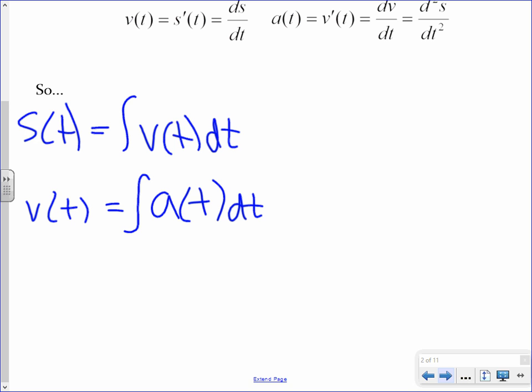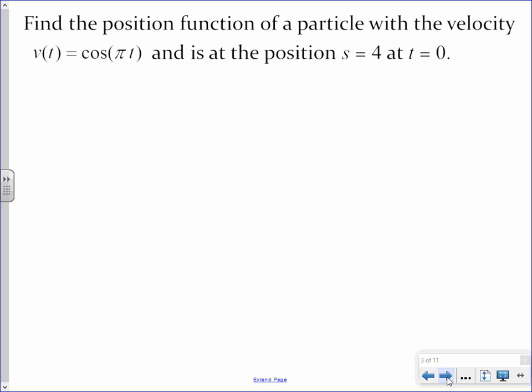That's what we are going to work with first. We know that the position of a particle has velocity, write this down, cosine of pi t. And the position is 4 when time is 0. Write at least those two pieces of information down.